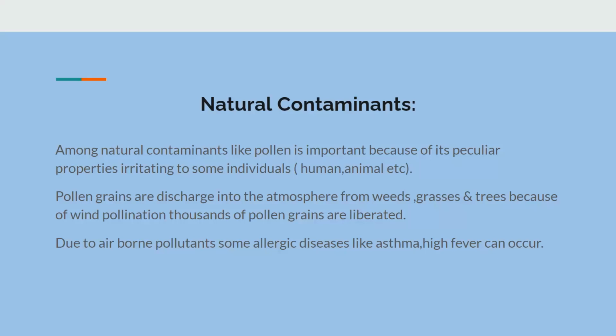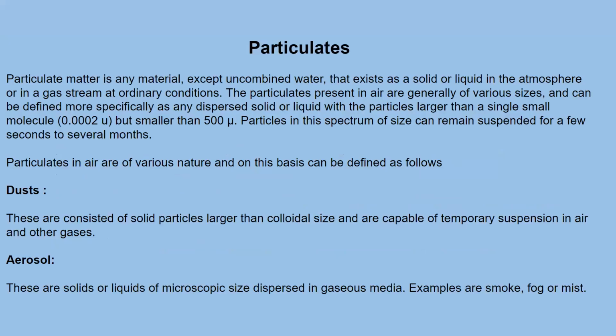Due to airborne pollutants, some allergic diseases like asthma and hay fever can occur. It means that from air pollutants there are some diseases we have to face when we come in contact with them. Okay, then particulates.